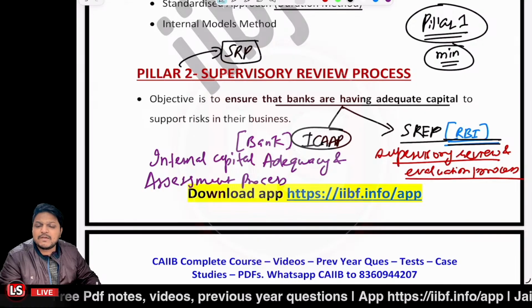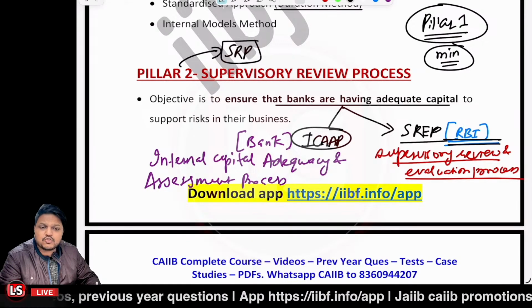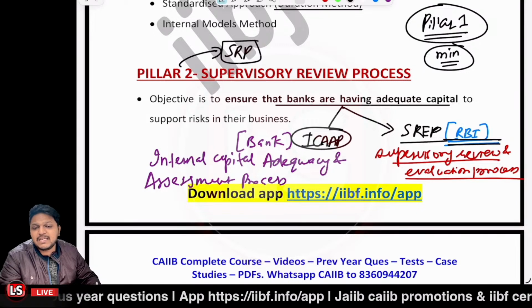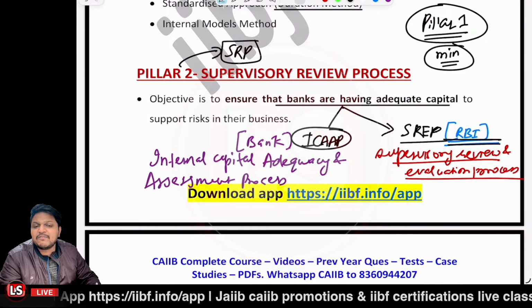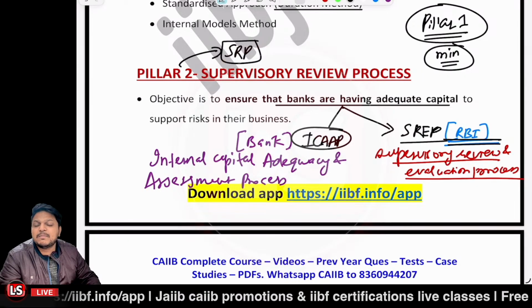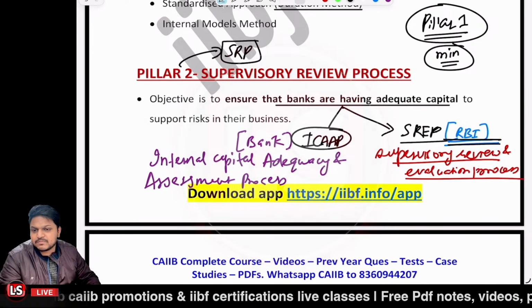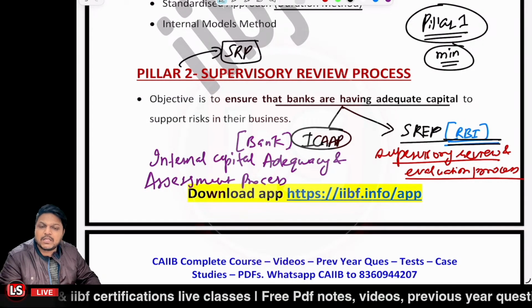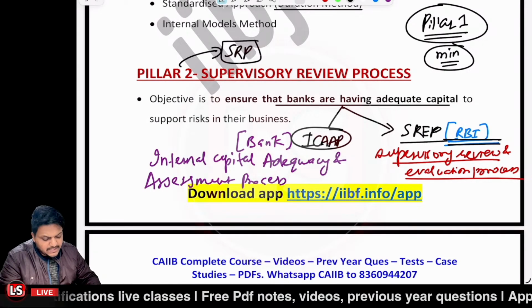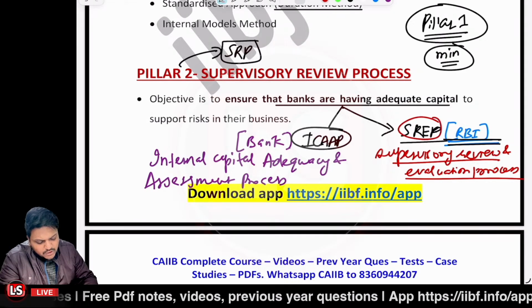And third, the supervisors should intervene at an early stage, so as to prevent the capital from going below the minimum levels. These three things are to be followed by the regulator or the supervisor. That's why it is called the supervisory review and evaluation process.